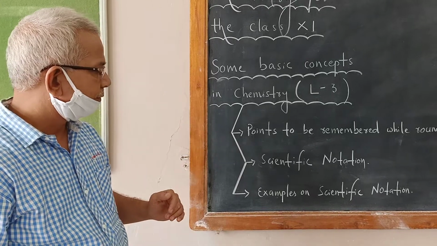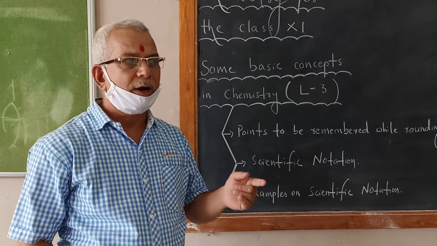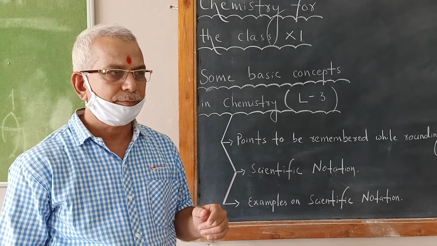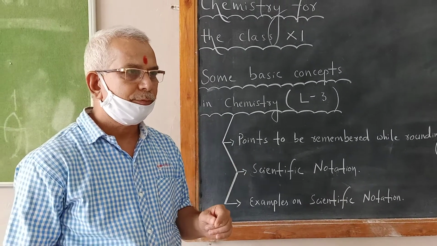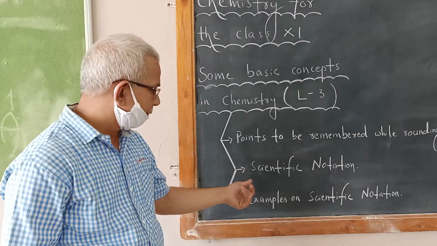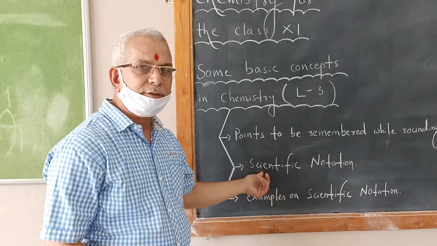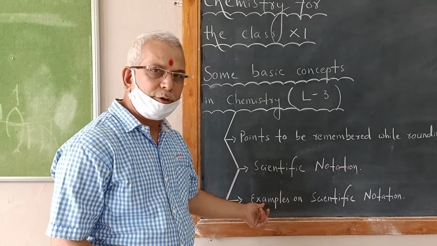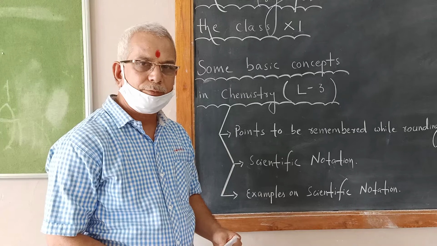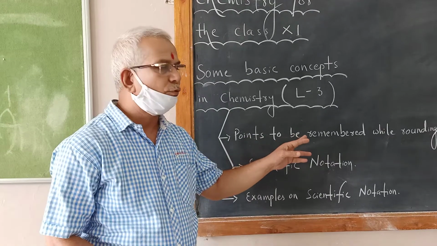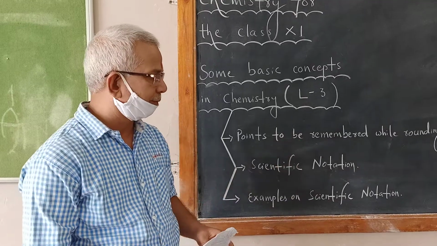First, whenever you want to round off after a calculation, there are some rules, and we discuss that under this heading. Second is scientific notation, and the third is examples of scientific notation. Now we will begin the first point, that is, points to be remembered while rounding off numbers.